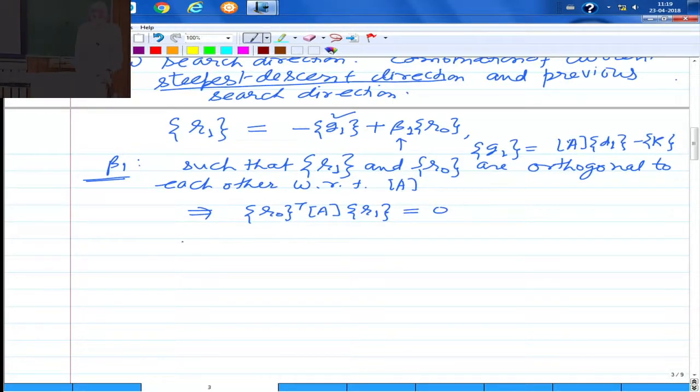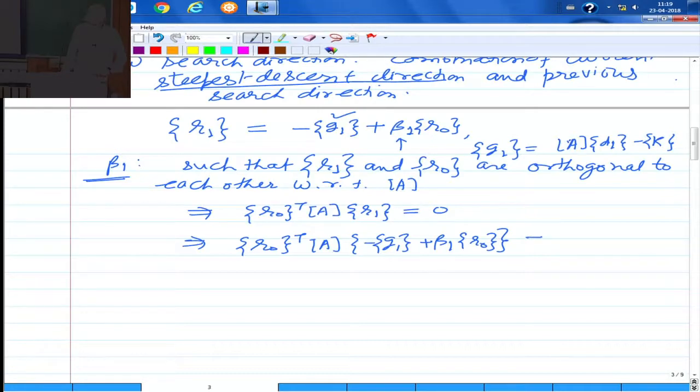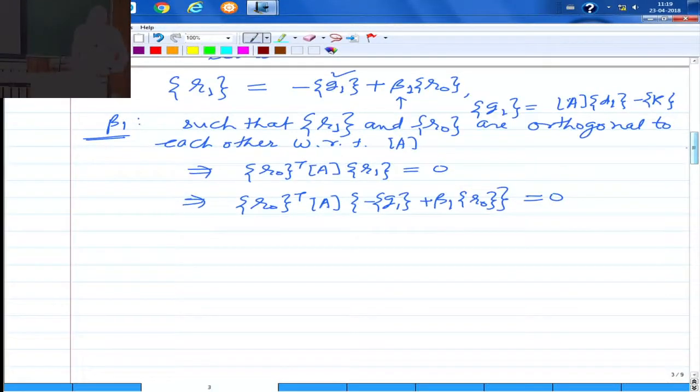Now using this we can find out beta 1. You put the expression for R1. So this is R0 transpose A, which you keep as it is, and R1 I can write as minus G1 plus beta 1 times R0. This is equal to 0. Now solve for beta 1.